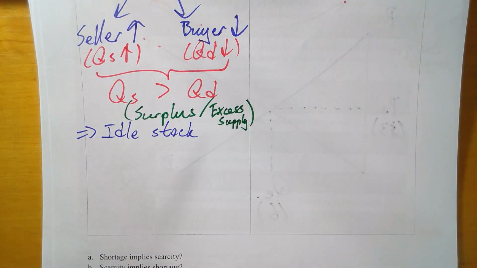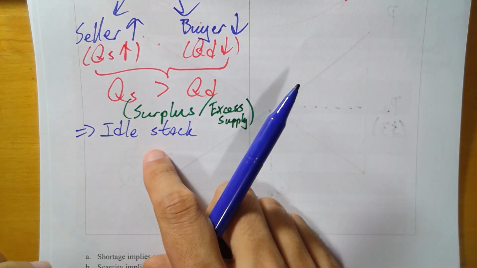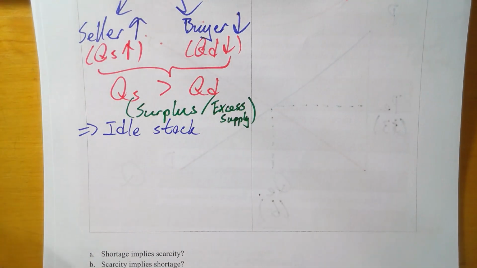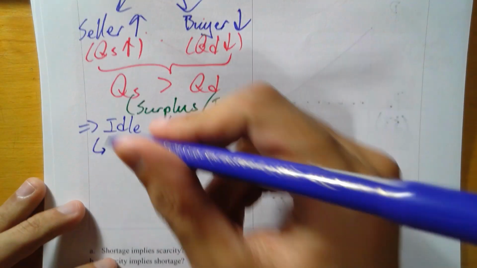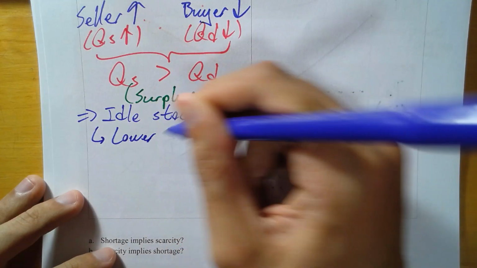嗱，有 idle stock 嘅，so how to clear idle stock? I'm sure you have heard of the term 肥仔清倉大減價啦，係咪？So here, they will actually lower the price.